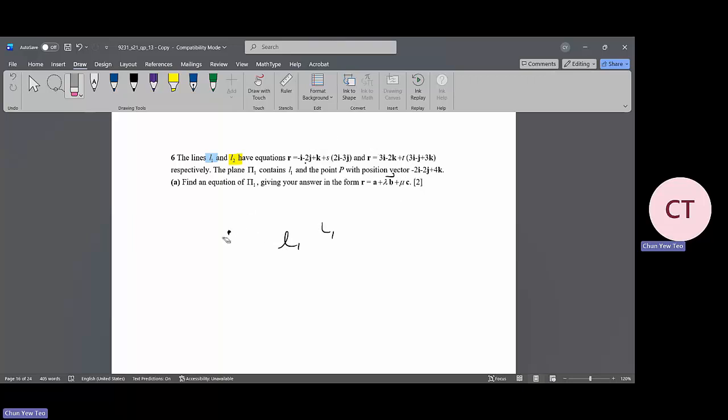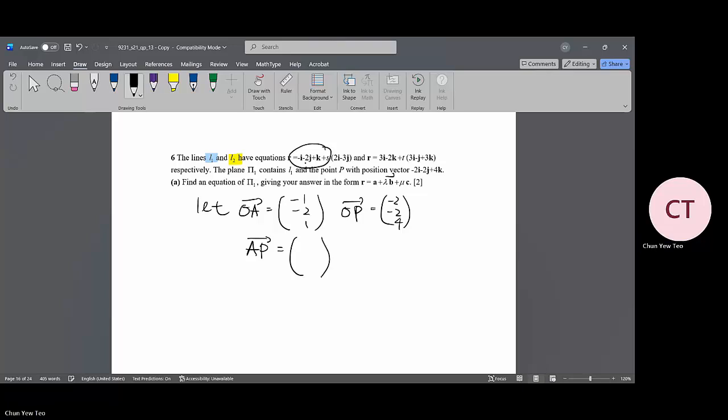So what you can do over here is, first of all, we let this one be called point A, negative 1, negative 2, 1. And OP is negative 2, negative 2, and 4. Then we find AP. AP is B minus A, so it will be negative 1, 0, and 3.